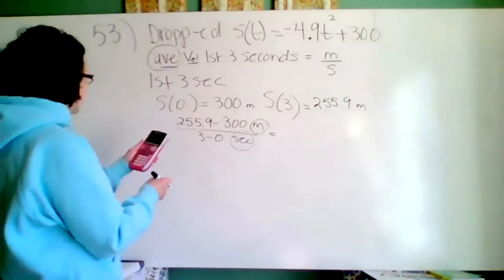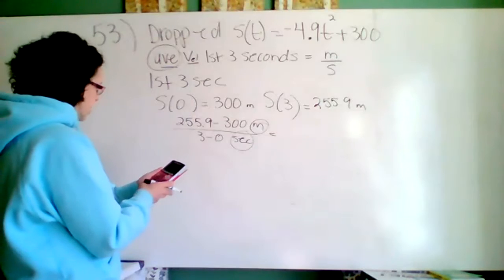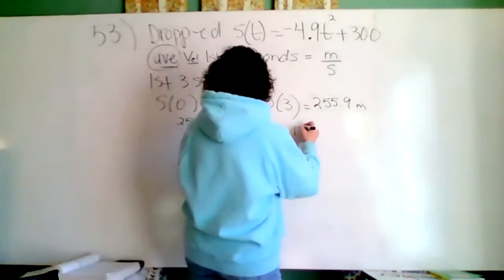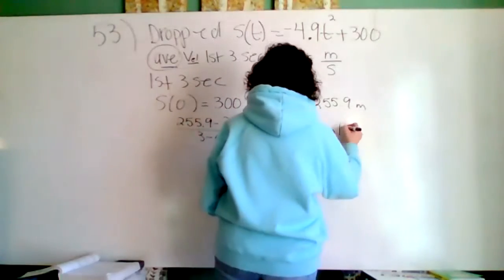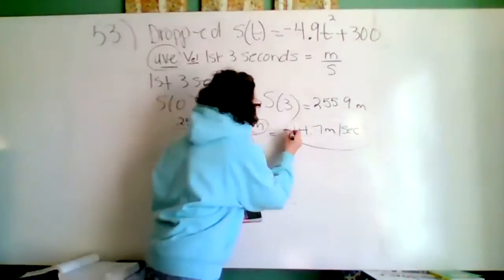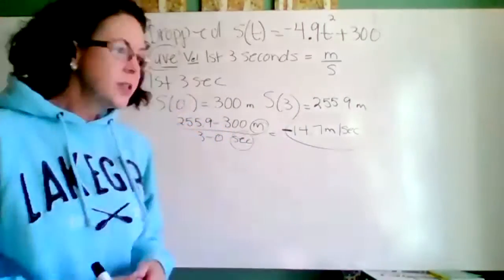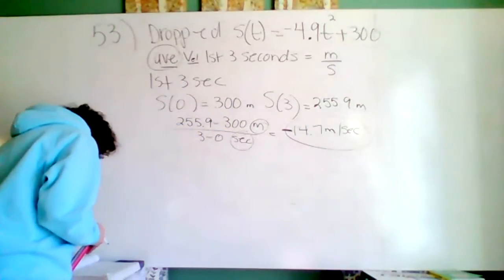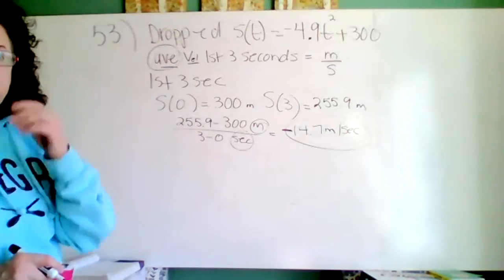And I use 2 different points. So I'm just going to do this math. And I get a negative 14.7 meters per second. So that answered, I lost that negative right there, so that answered the first question of find the average velocity of the object.